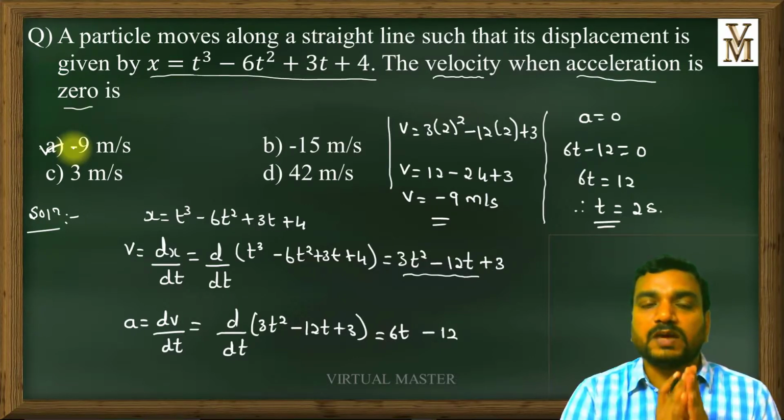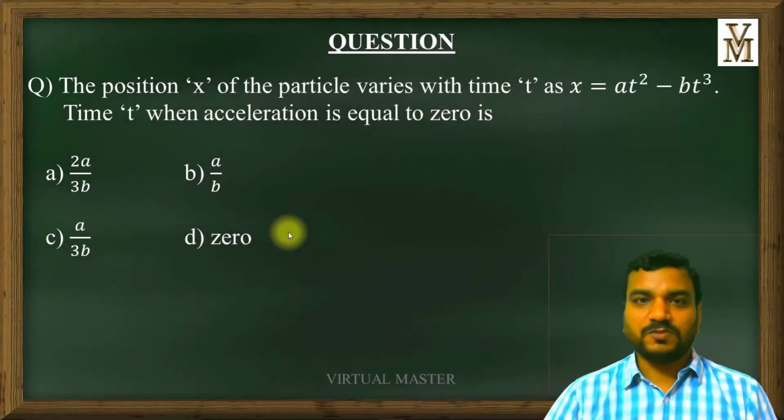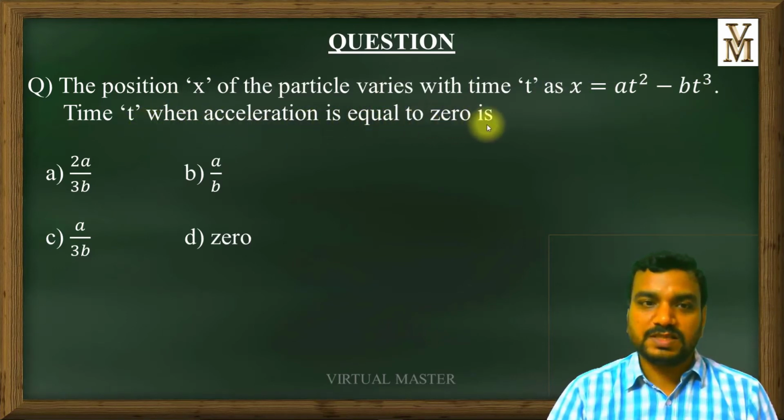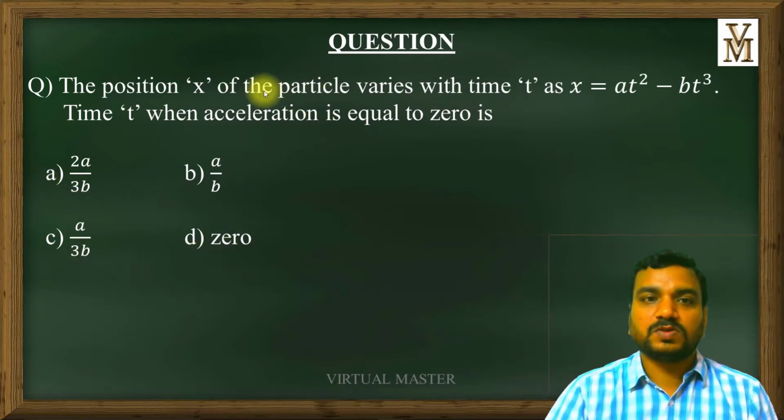Okay, I hope everyone has understood how to solve this type of question. The question for you is, the position x of the particle varies with time as x equals at square minus bt cube. Time t when the acceleration is equal to 0 is, four options are given here. So what is given in the question?